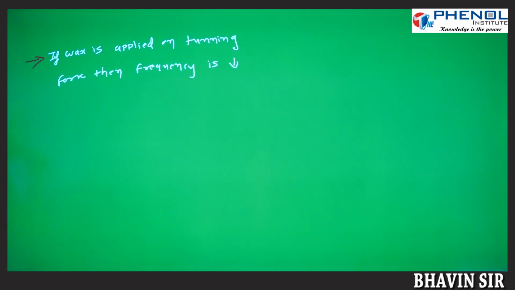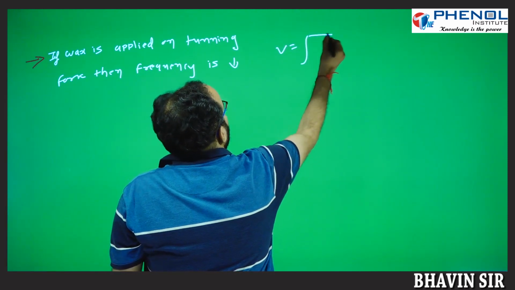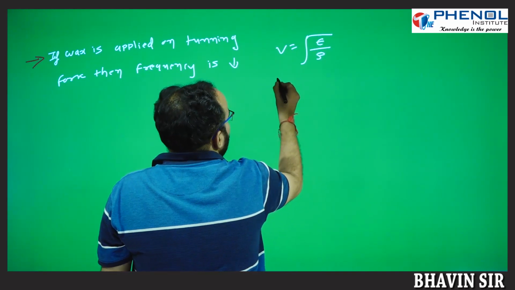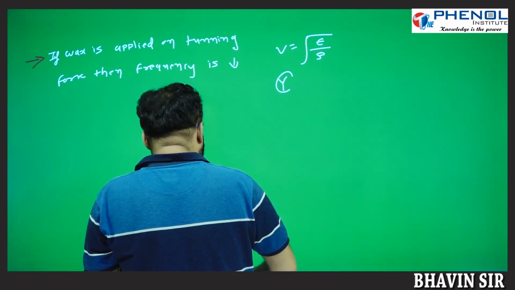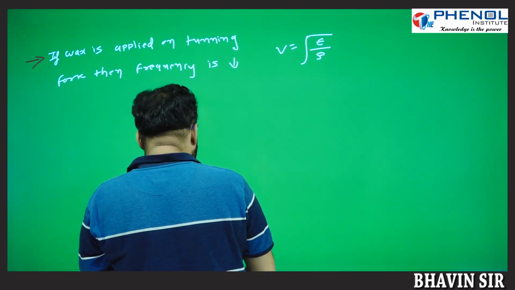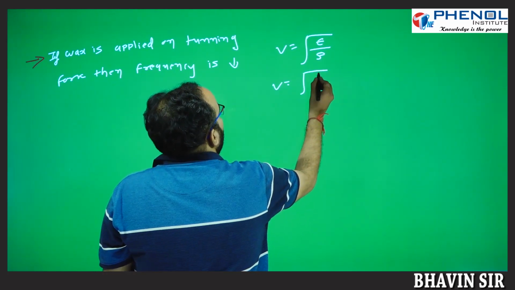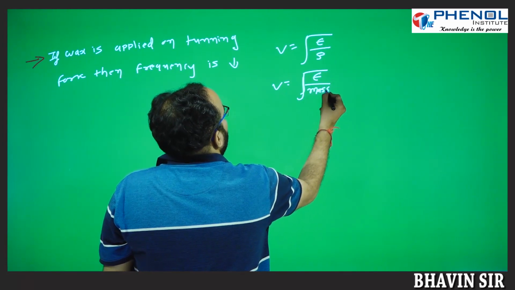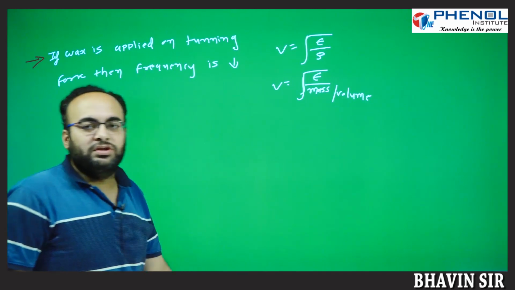Why? Because see students, what is the speed of sound wave? Root of E by rho, E being the coefficient of elasticity. And what is the meaning of density? Mass by volume. So see, speed is inversely proportional to mass.